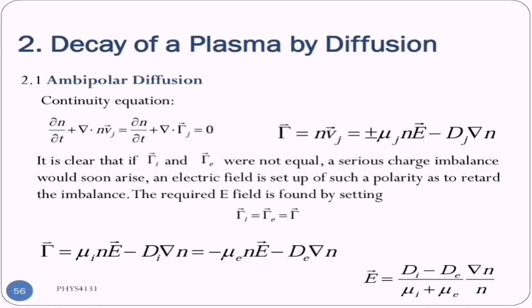The flux of ions and flux of electrons will be equal, and if this is the case, then from here we can write the electric field vector, which is equal to di minus de over mu I plus mu E, del n over n.